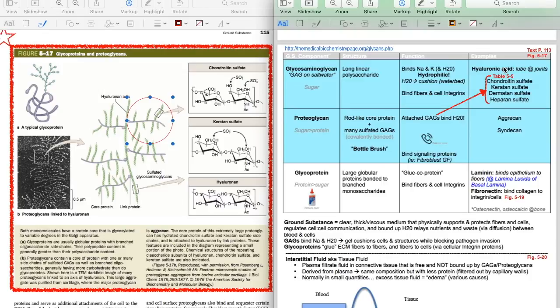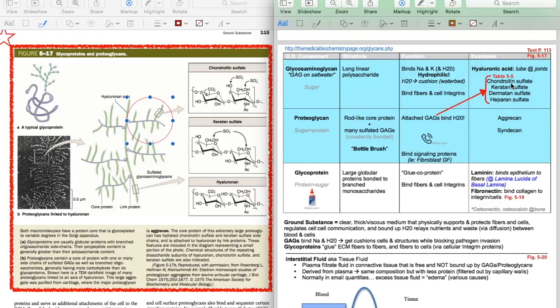All right, so coming back to the GAGs, or the glycosaminoglycans, you have 5 GAGs total that you need to deal with, okay? But you have basically 2 types of GAGs. You have hyaluronic acid, and you have sulfated GAGs, okay?